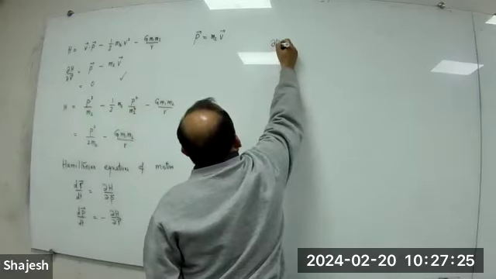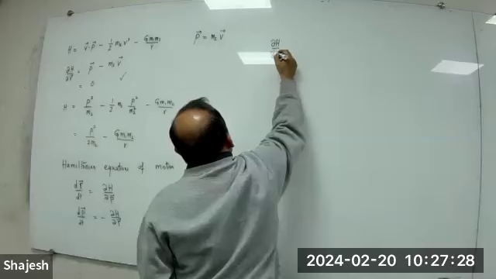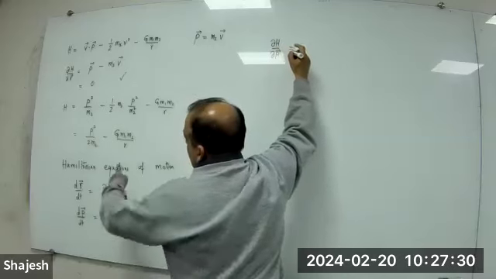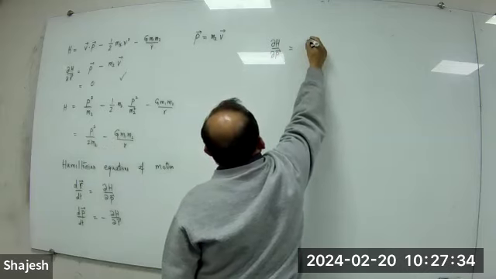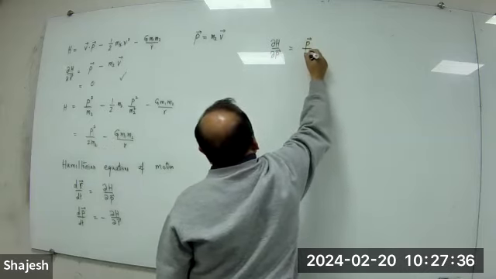The partial derivative of the Hamiltonian with respect to momentum is just the first term, so that's P over M2.